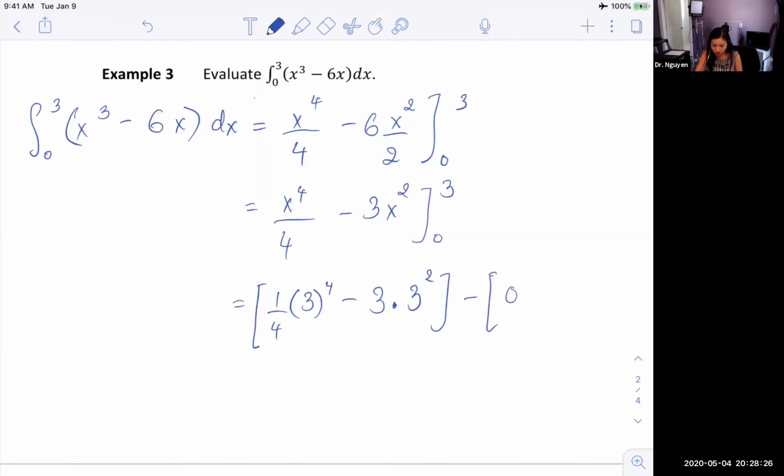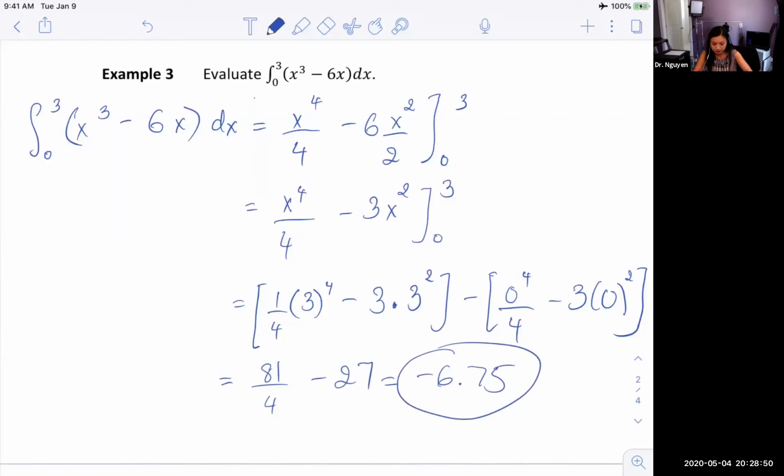I'm just going to write it down for this problem, but eventually you know that we don't have to worry about the 0. All right, so we get 81 over 4 minus 27. So we ended up with negative 6.75.